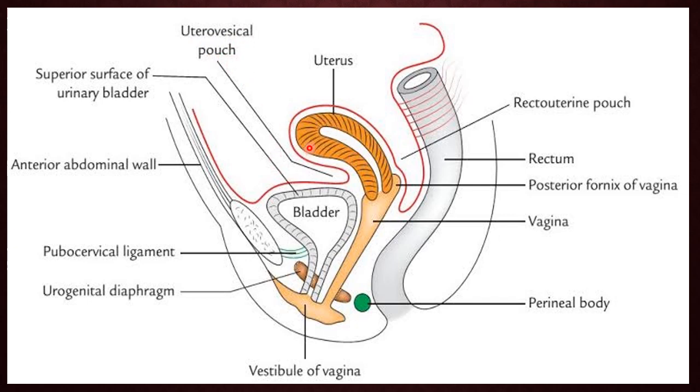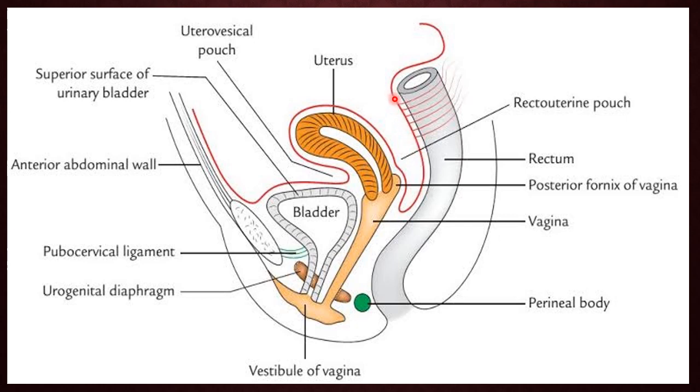Then the posterior surface is facing posteriorly as well as superiorly or upwards, and in between this posterior surface and the rectum we have one more peritoneal fold, which reaches the cervix as well as the vaginal part of the cervix downwards.